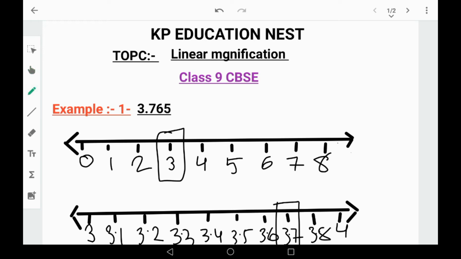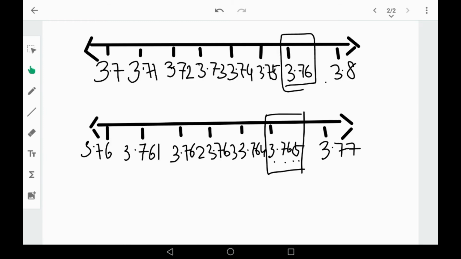So this number line is represented in this way, and this number line in this way, and this number line is represented in this way.